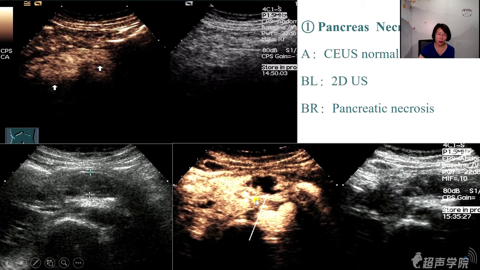The below image shows you the necrosis within the pancreas. It is very, very clear, but it cannot be seen in 2D ultrasound. So, contrast-enhanced ultrasound can reveal the necrosis in pancreas.